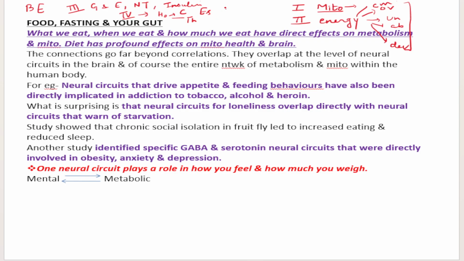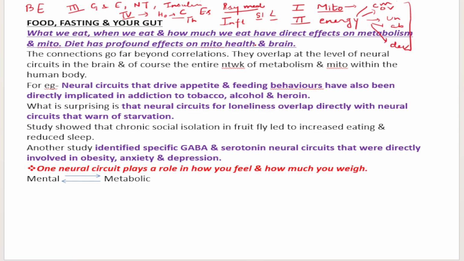We also talked about the role of psychiatric medications, how they work and the effects that they have on the mitochondria. And we also talked about the role of inflammation and the feedback mechanism between inflammation and mitochondria. We concluded with the role of sleep, light, and circadian rhythms in regulating our metabolism.